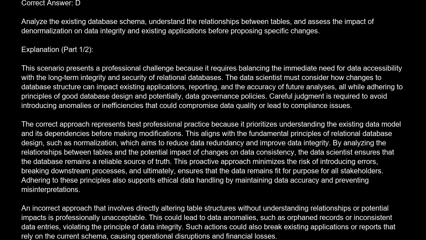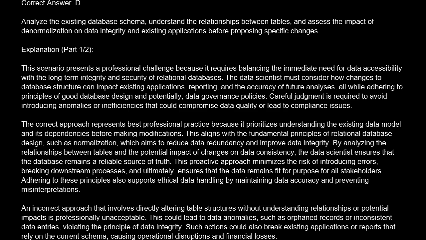By analyzing the relationships between tables and the potential impact of changes on data consistency, the data scientist ensures that the database remains a reliable source of truth. This proactive approach minimizes the risk of introducing errors, breaking downstream processes, and ultimately ensures that the data remains fit for purpose for all stakeholders. Adhering to these principles also supports ethical data handling by maintaining data accuracy and preventing misinterpretations.